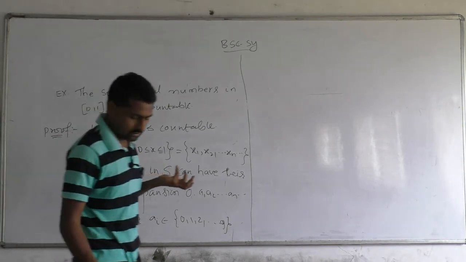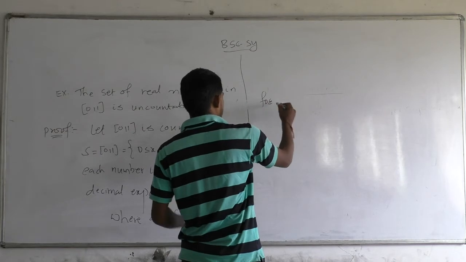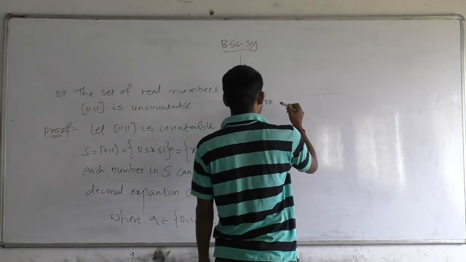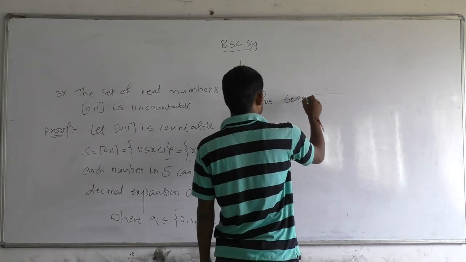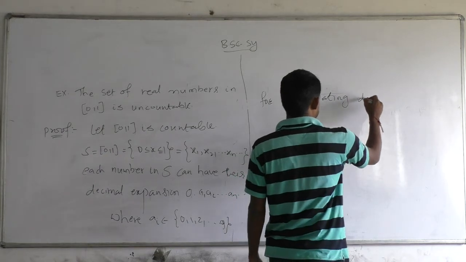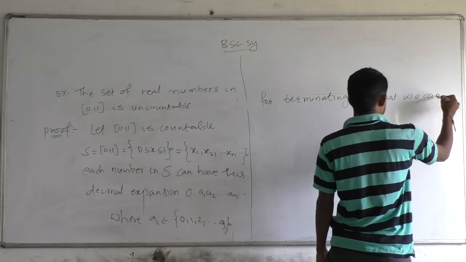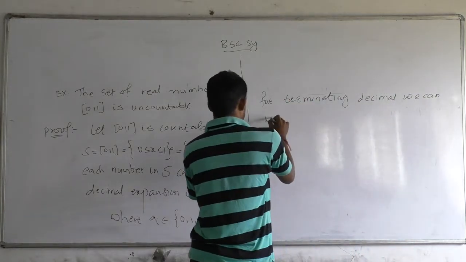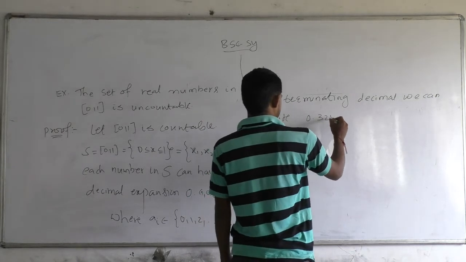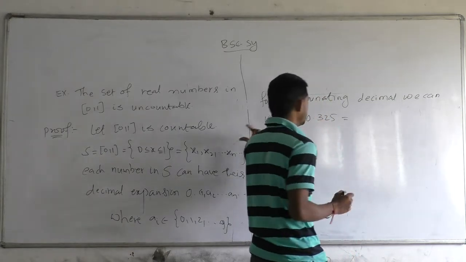Now for a terminating decimal, we can write, for example, 0.325. This is a terminating number between 0 and 1.